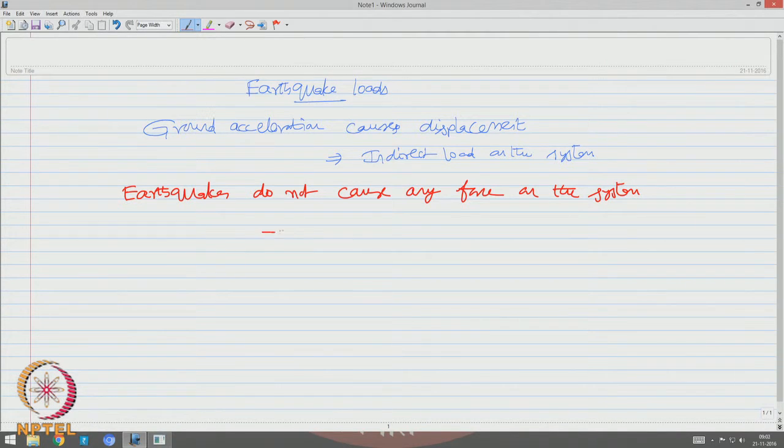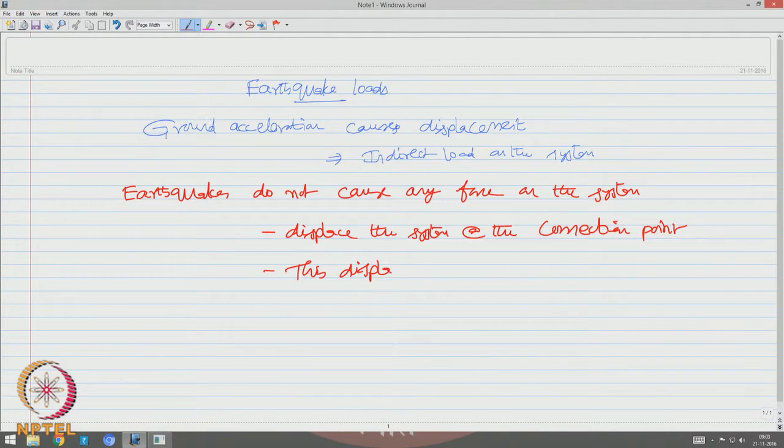In fact, they displace the system at the connection point, and this displacement induces forces.